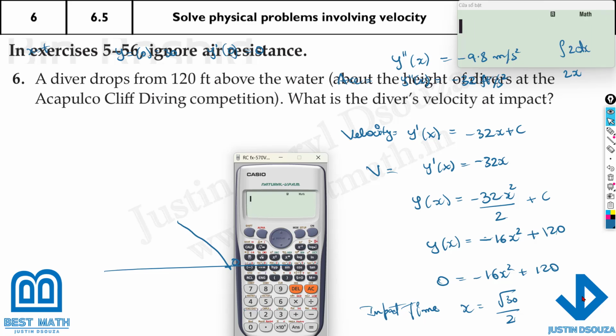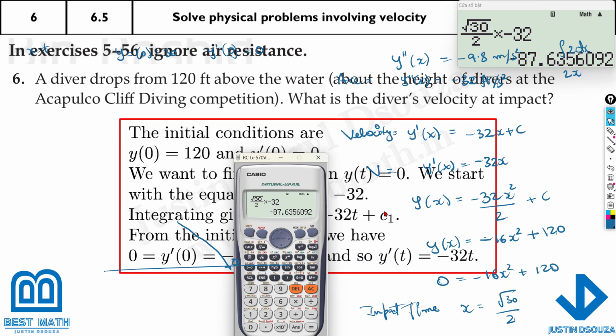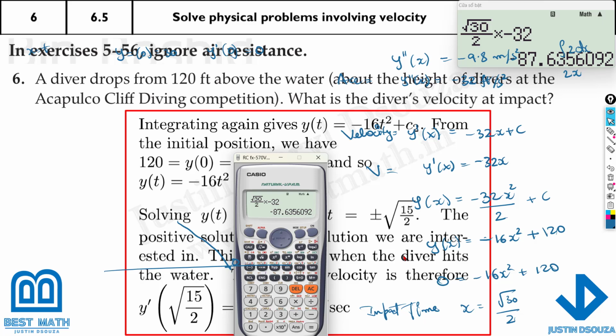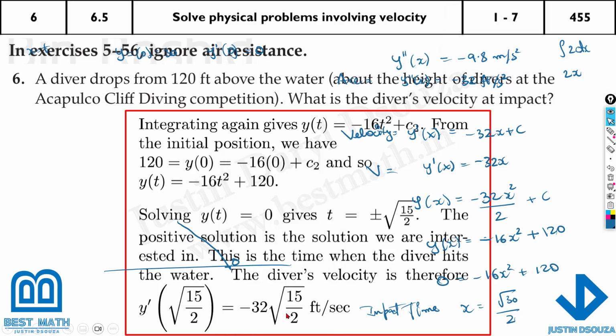Now, square root 30 by 2 is multiplied with the velocity equation, that is times minus 32. So the answer must be negative 87.63. So here we go. And the answer is negative 87 point.